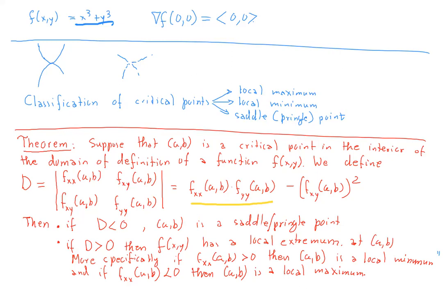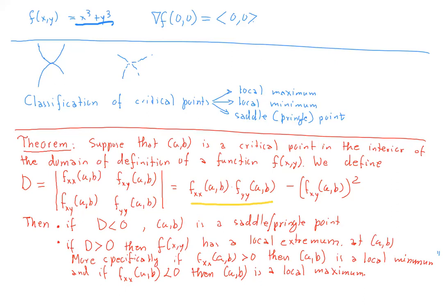There's another remark that needs to be made here, and the remark is that notice that we don't say anything about the case that D is equal to 0. If D is equal to 0, then this test is pretty much useless. Sometimes you will see that it's included in the statement that if D is equal to 0, then the test is inconclusive.